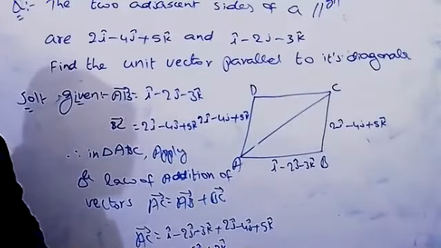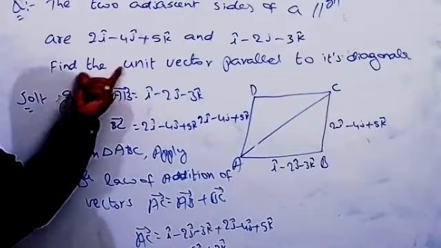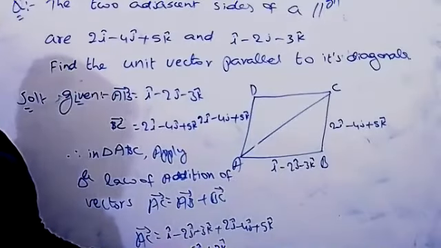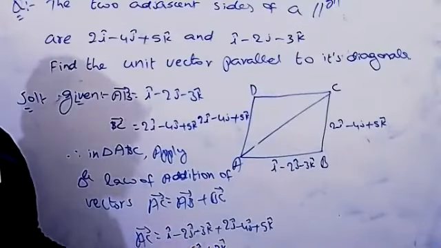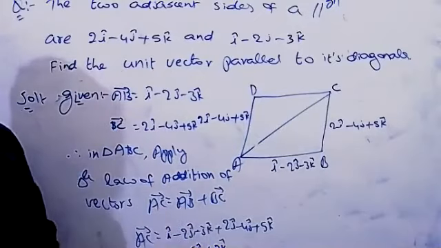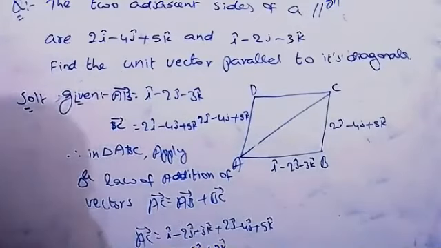So we have to find the unit vector parallel to this, so directly we can find the unit vector of this AC. That is what we call parallel to the diagonal. Both of them are the same thing. So now we can find directly the unit vector of that.